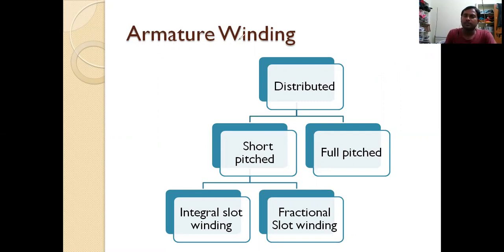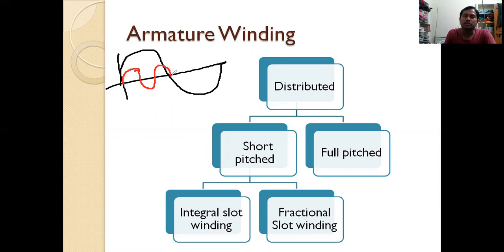So what is the difference between AC and DC generators? In AC generators, along with the fundamental sinusoidal wave, for example this one that I'm taking, the generator will produce harmonics.